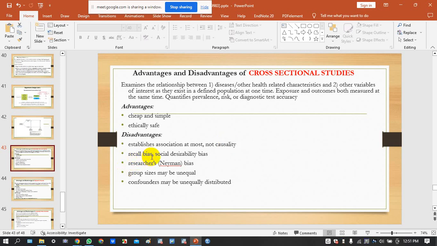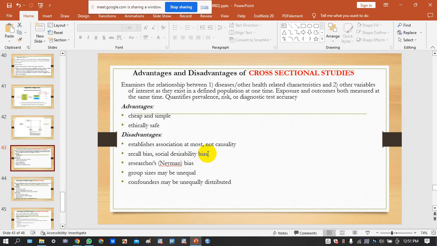There is recall bias, because when you are asking the participants questions, some of them do not even remember what you are asking them, and they don't know what they are saying. Some also have social desirability bias. Social desirability bias means that society wants you to behave in a specific way, so people don't tell the truth. For instance, we all go to church. You go and fornicate with a woman and impregnate her.